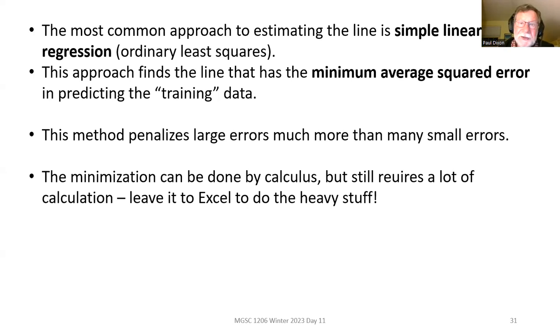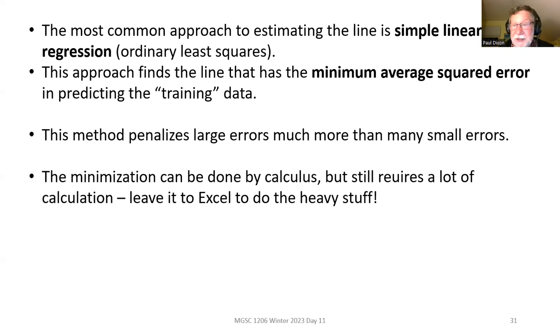So it's often called simple linear regression. And remember, it's the best line through the data, best in the sense that the squared distance from the line to each point up and down is minimized.